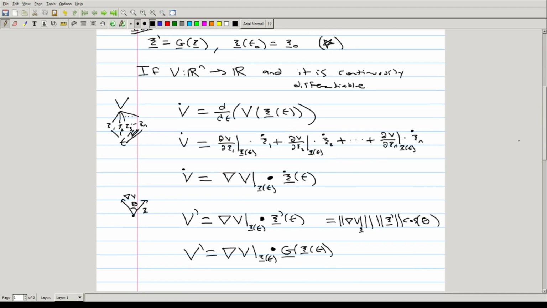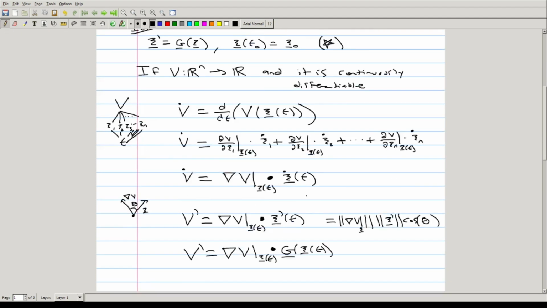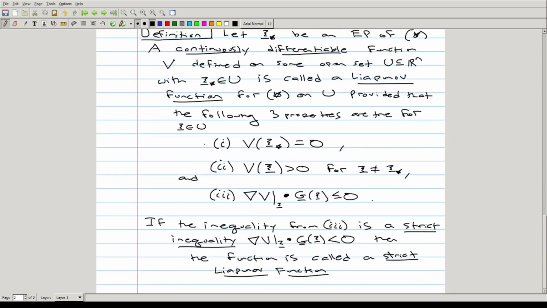So the idea here is that due to the property that we just showed from the multivariable chain rule, these three conditions are actually going to tell us a lot about the behavior of solutions around this equilibrium point. So much so that we get a very strong theorem that we can immediately write down.